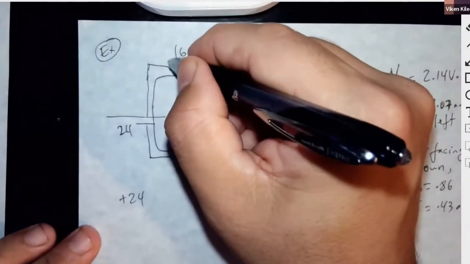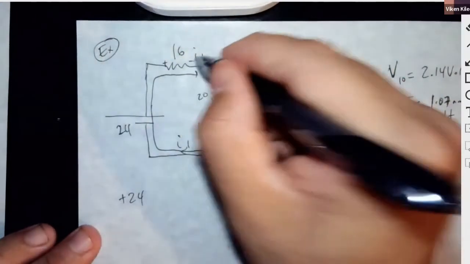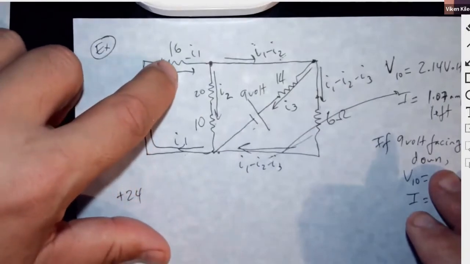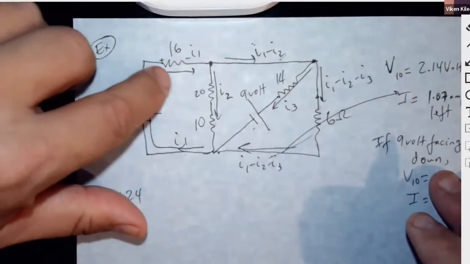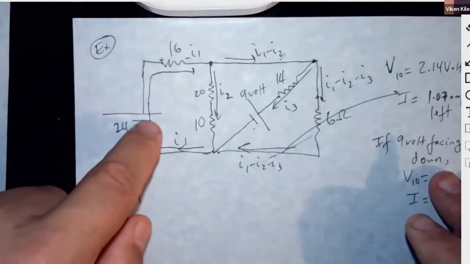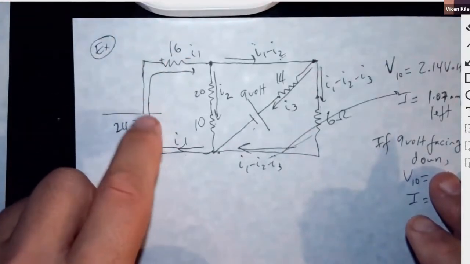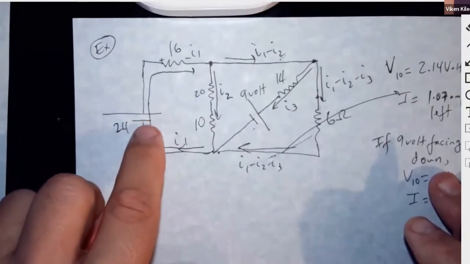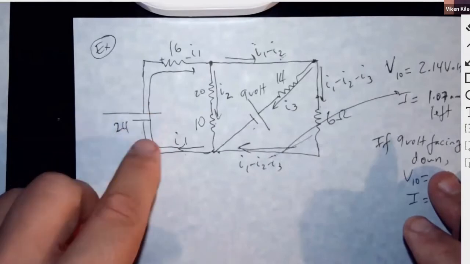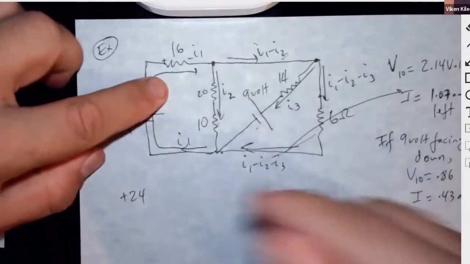Remember, this side of the resistor is at a higher voltage than this side. So current likes to flow from a higher voltage to lower, which means you're losing voltage as you go with the current. With the battery, you're gaining voltage because battery is like an elevator. It likes to raise the current to a higher voltage, you see. So you gain, then you lose.